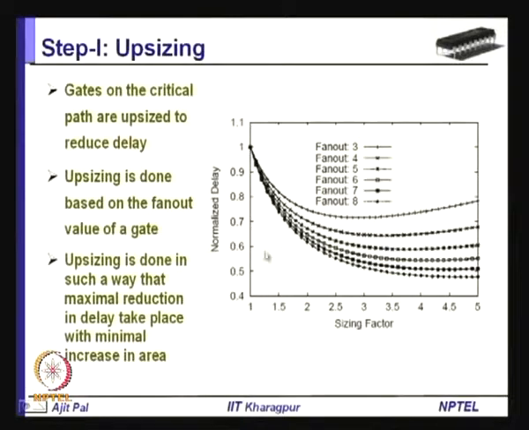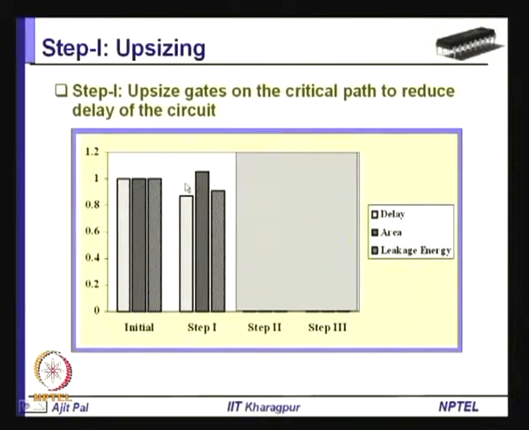As you know, as you increase the size, the delay reduces, as I have shown in the previous curve. The leakage energy will remain more or less the same value. So, there will be an increase in area, but a reduction in delay. This is the outcome of step 1.